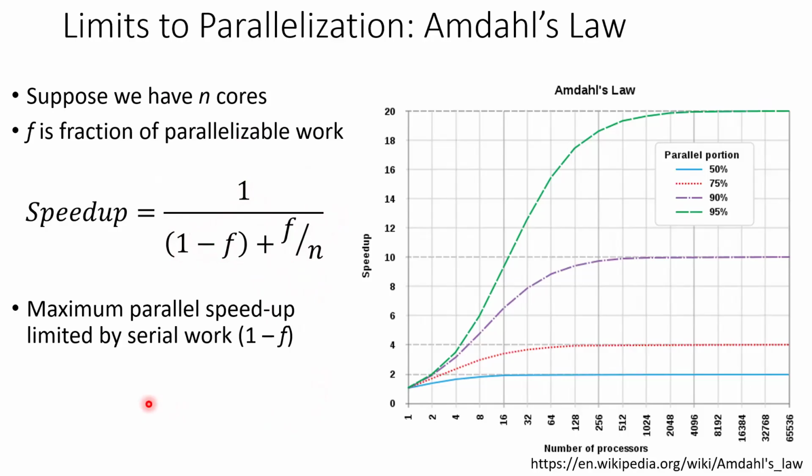Yeah. How do you estimate the fraction of parallelizable work? How do you get that fraction? You look at the profile. Usually when you're developing in industry, when you are writing your code, you will have a profiler running always.